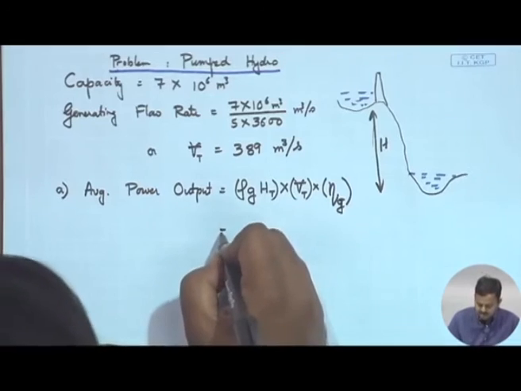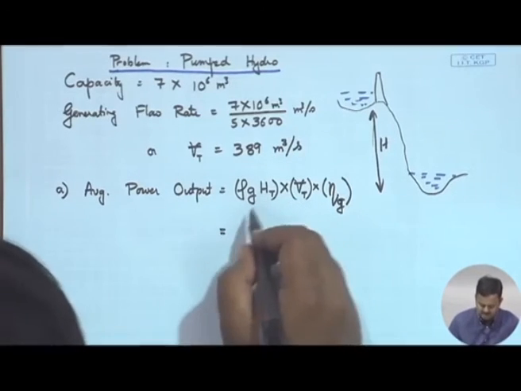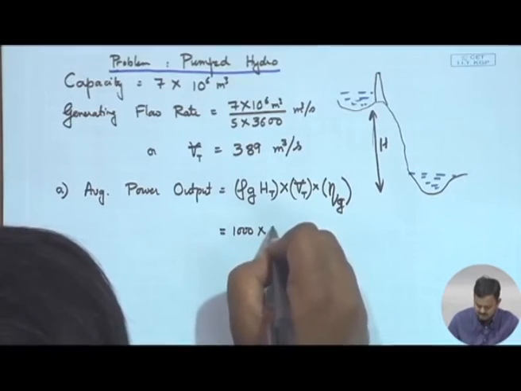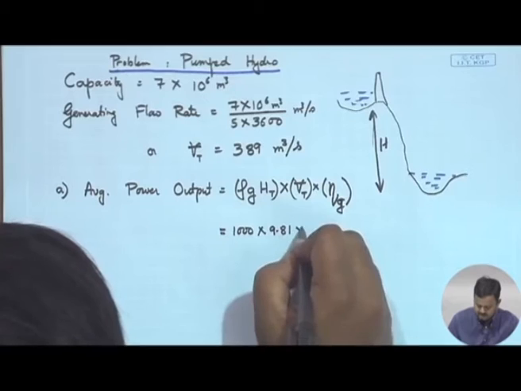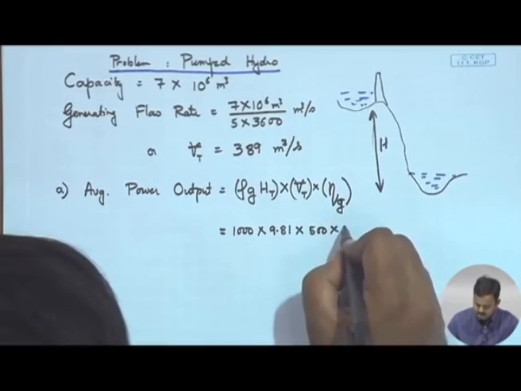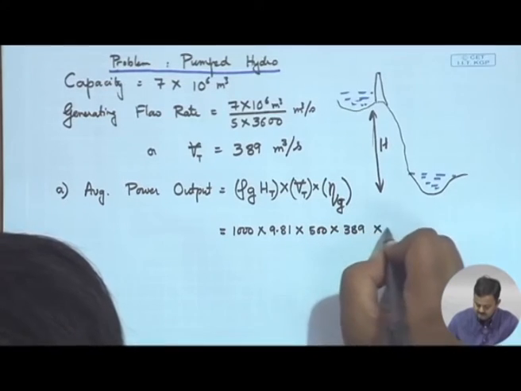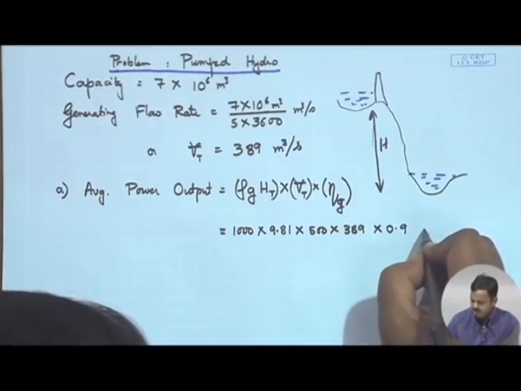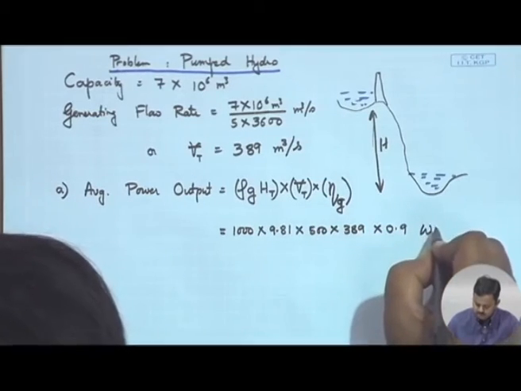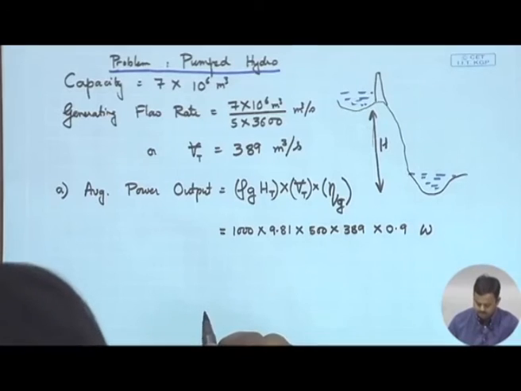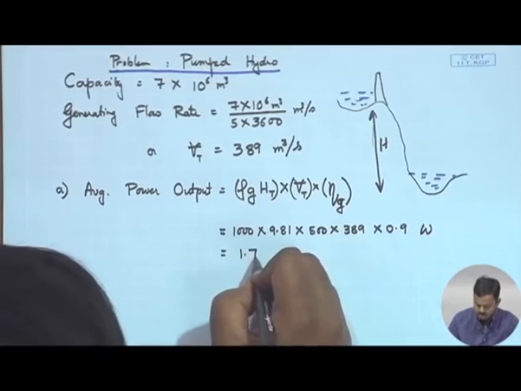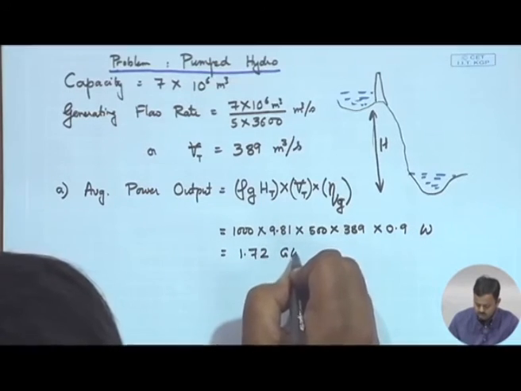So, therefore, everything is known: rho is 1000, I will write it for the first time, next time I will not, 9.81 times pumping head 500 times the volume flow rate 389 times the generator efficiency 0.9, and this will be in watts. This turns out to be 1.72 gigawatts.